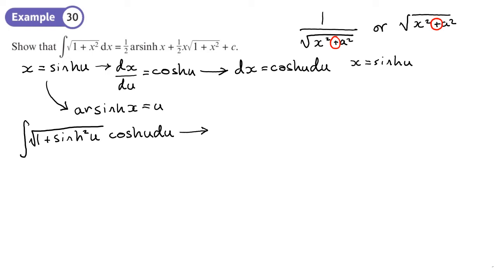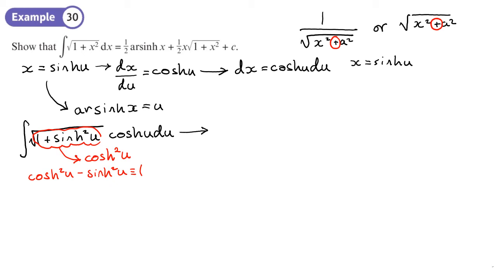So after that, the 1 plus sinh squared, so this bit here, can be replaced with cosh squared u. So you'll remember the identity cosh squared u minus sinh squared u is 1. So if you rearrange that, then you can see that you can put cosh squared u there.